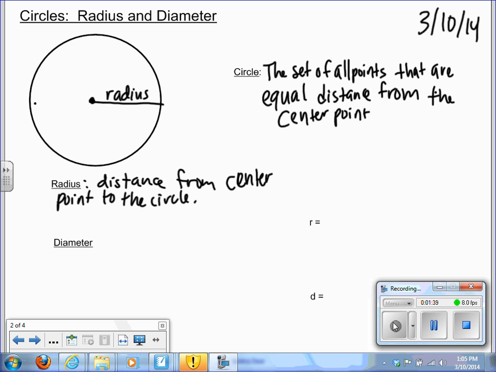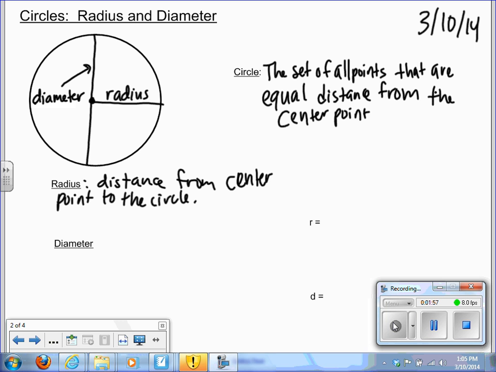Right? If we were to create a line from one side of the circle to the other and go through the center, that would be what is known as the diameter. Okay, so the radius doubled. If you continue a radius all the way across, it's called a diameter.